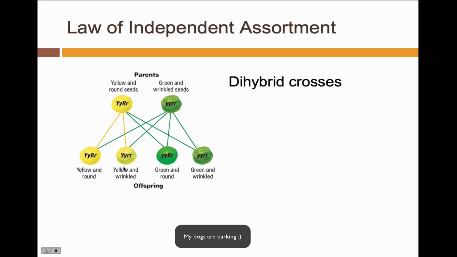Mendel also looked at dihybrid crosses. What we've talked about up to this point is monohybrid, but dihybrid means two traits. So Mendel crossed two different traits together. He did this with yellow seeds, so that's one trait for color, and then he crossed seed shape, so he crossed round with wrinkled.